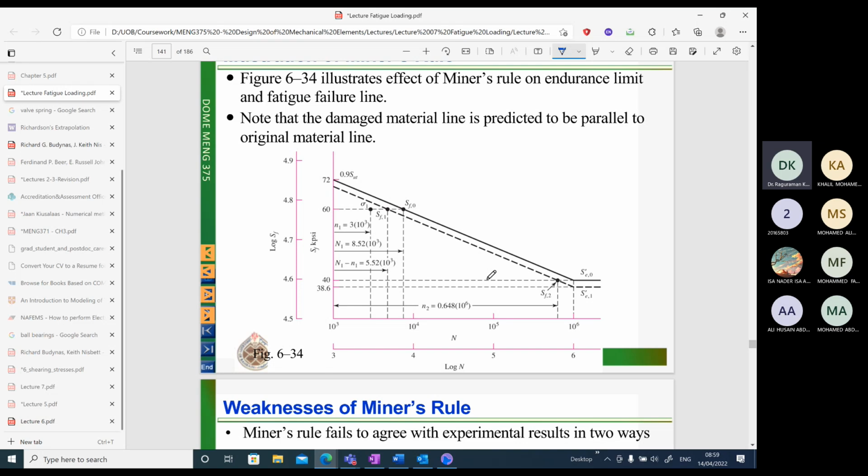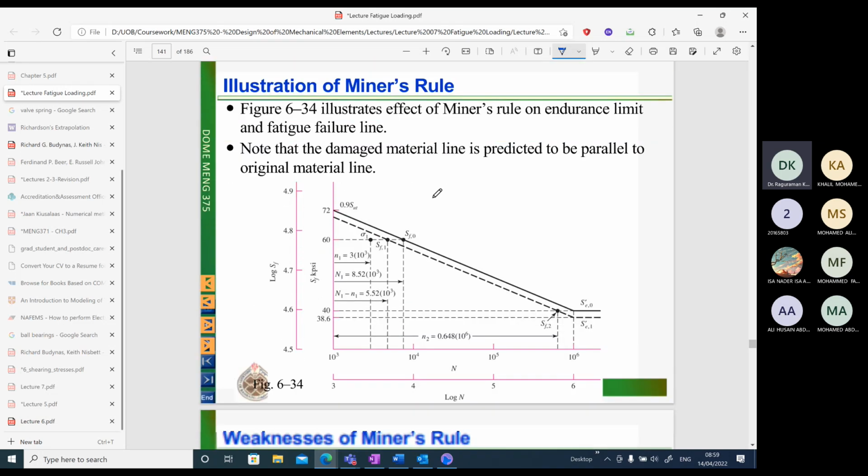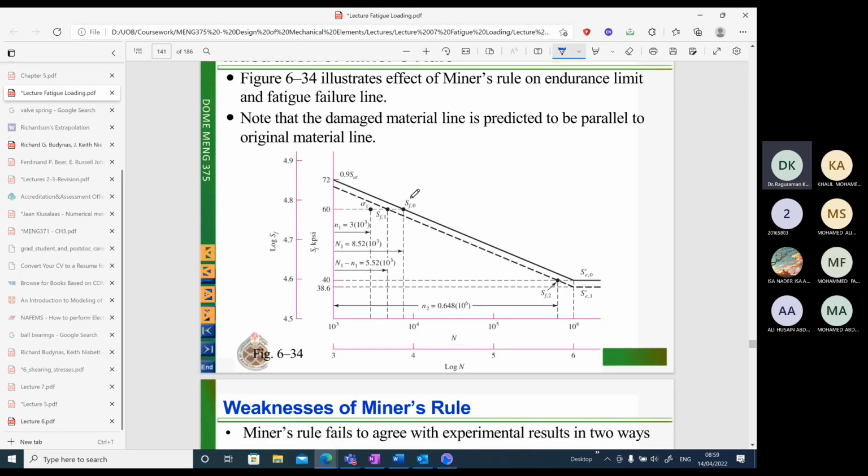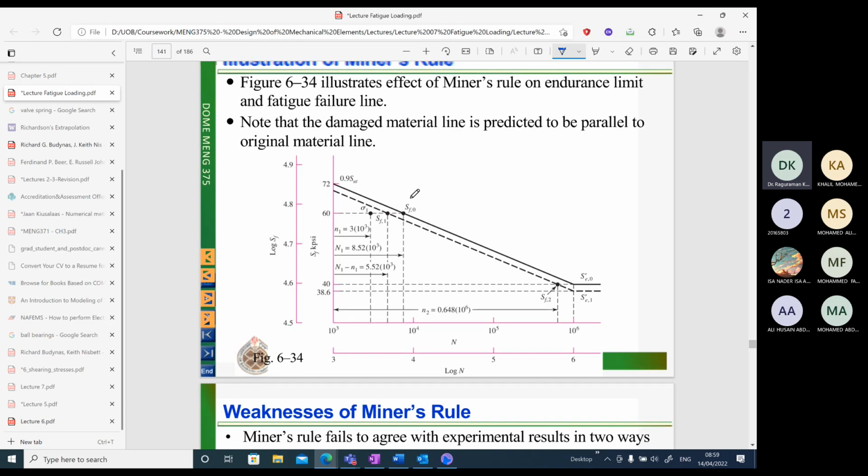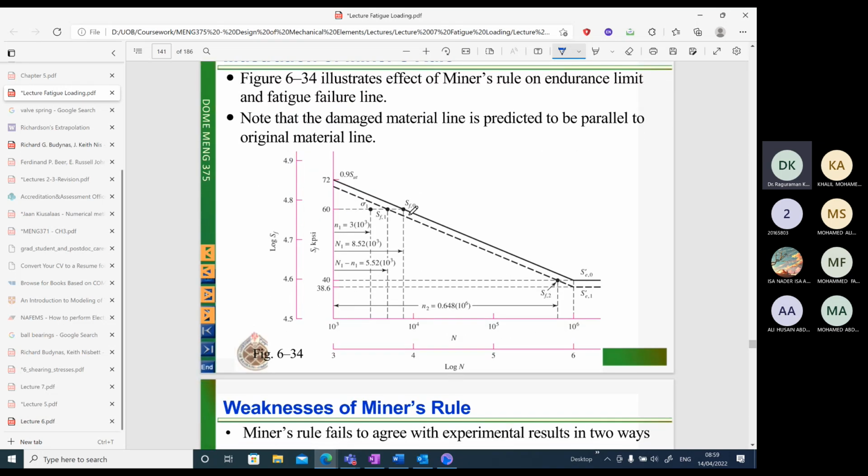Okay, so as I told, we have assumed linearity for the Miner's rule, and these assumptions are not valid for most materials. And there is also another disadvantage in that the Palmgren-Miner rule predicts a change in the value of, let's see here, what is the value here?